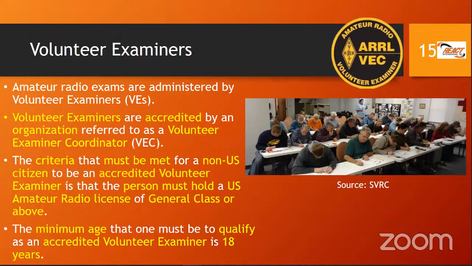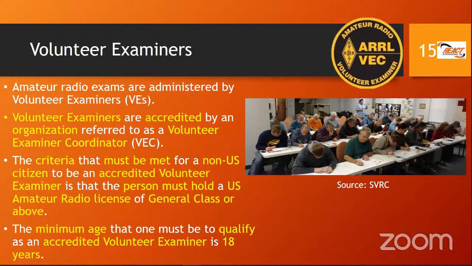But of course, there are some things we need to know about the VE system. The first one is that we need to be aware that volunteer examiners are accredited by an organization that's referred to as a VEC, or a Volunteer Examiner Coordinator. There are about 14 of them currently. There may be more, but for examples, ARRL is one of the biggest, probably the largest VEC.